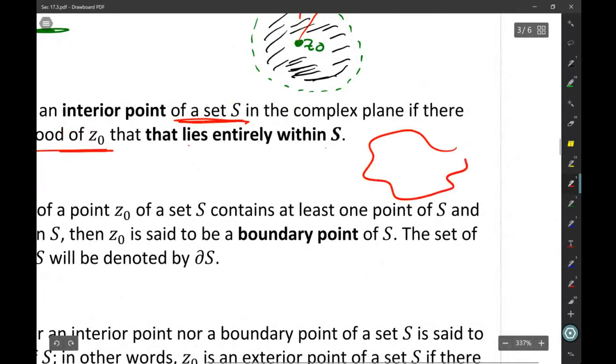Suppose that we have this set S in the complex plane. We call this complex number z naught an interior point of S if I can find a neighborhood around this z naught with the whole neighborhood inside S.